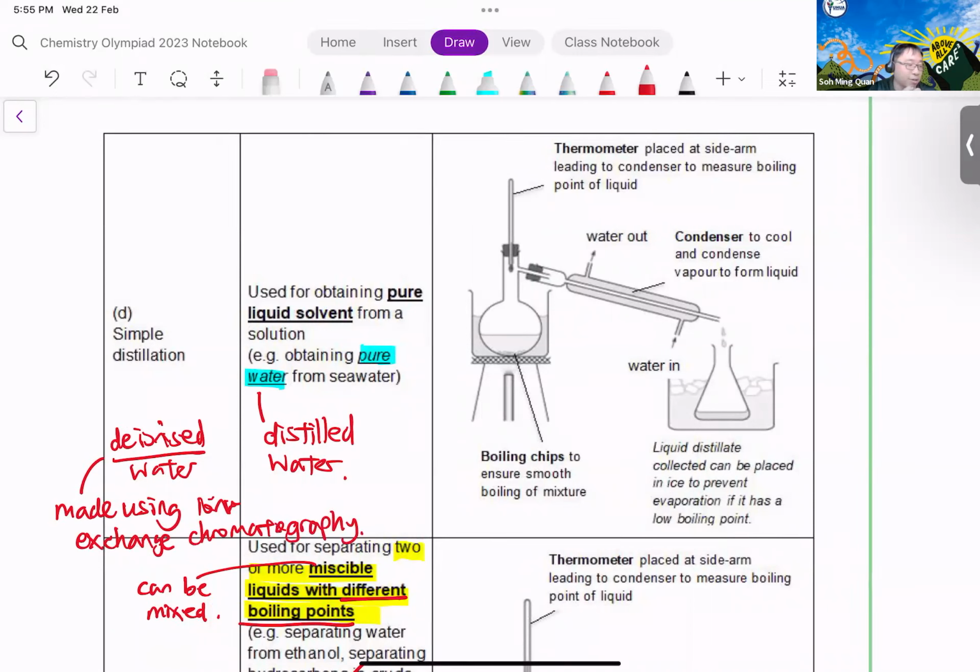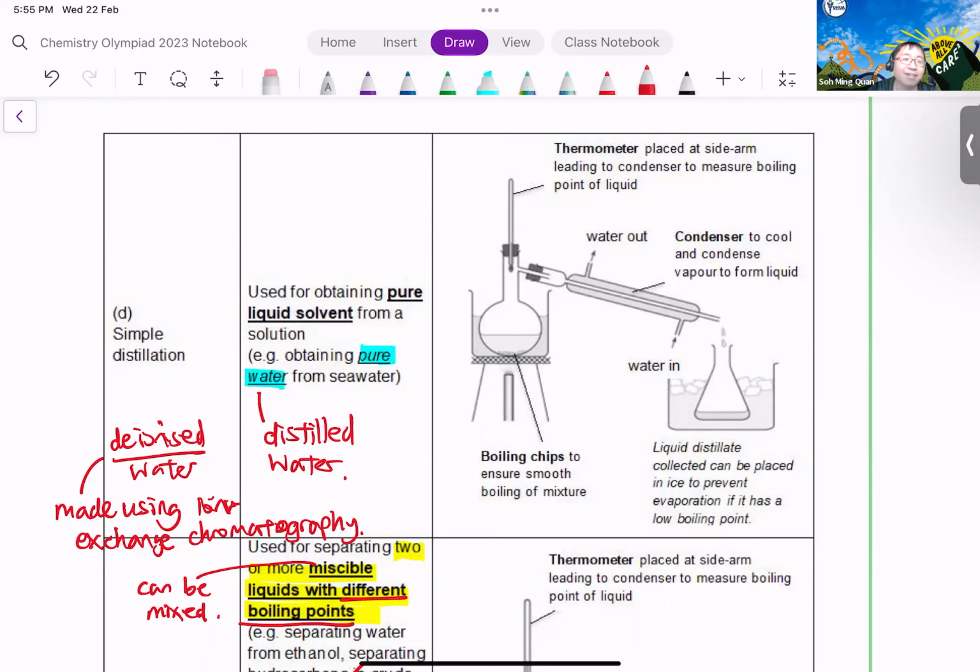What happens is that you pass it through a membrane that filters away ions, similar to reverse osmosis just now. So ion exchange chromatography basically filters away and separates out the ions from water. So deionized water is typically made using ion exchange chromatography.